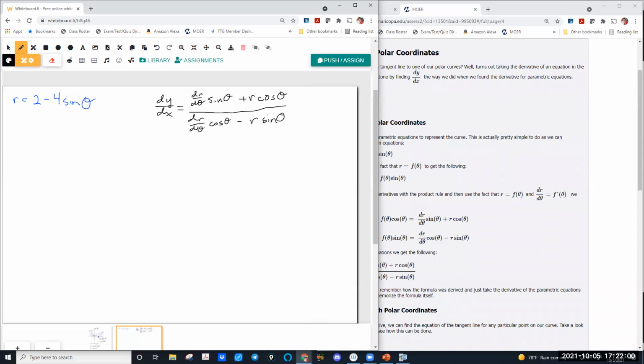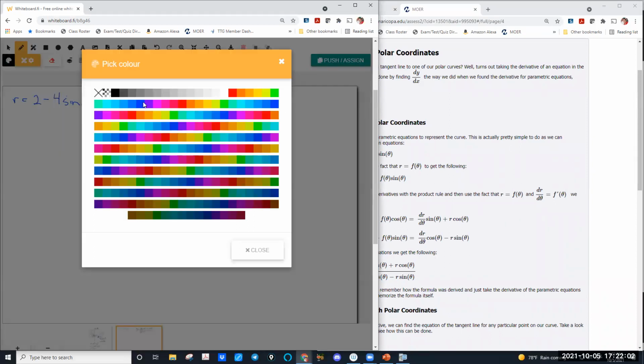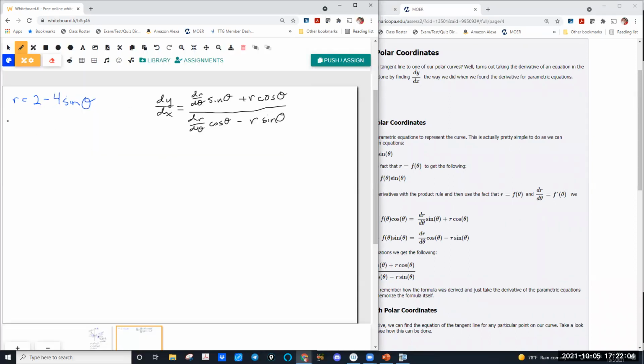All right, so we already know what r is. We also need what dr/d theta is. So basically we just take the derivative of this guy. dr/d theta is the derivative of this with respect to theta: 0 minus 4 sine theta, and the derivative of that is minus 4 cosine theta.